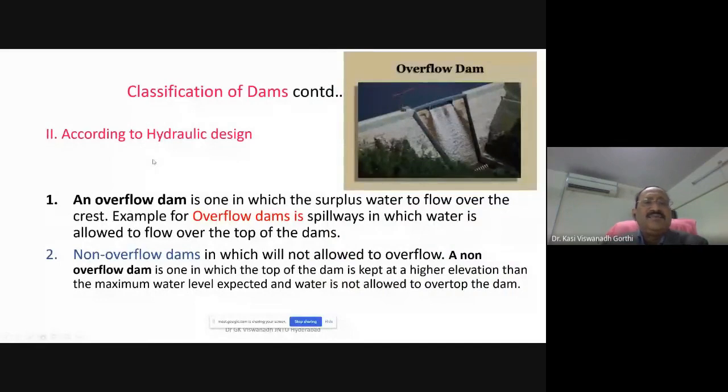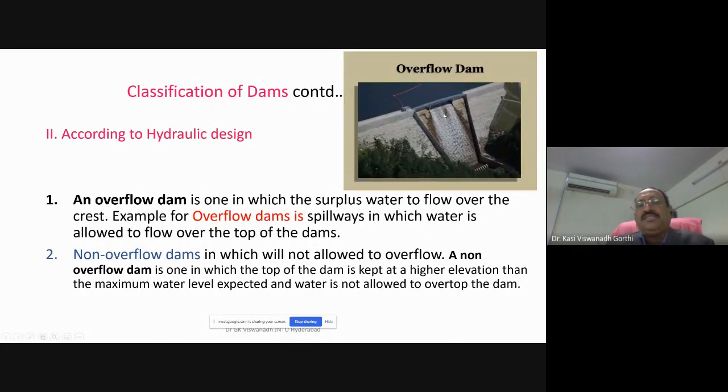The second category of dams is based on the hydraulic design. The dams are classified as overflow dam and non-overflow dam. A dam which allows water to flow over the top of the structure is called an overflow dam. An example is a spillway. A non-overflow dam will not allow the water to flow over the top of it. In this picture, you can see both portions of a dam.